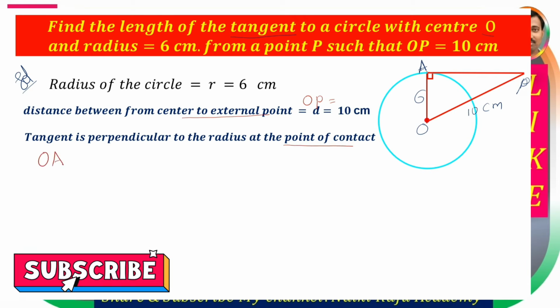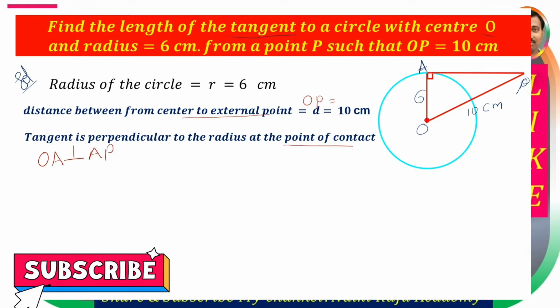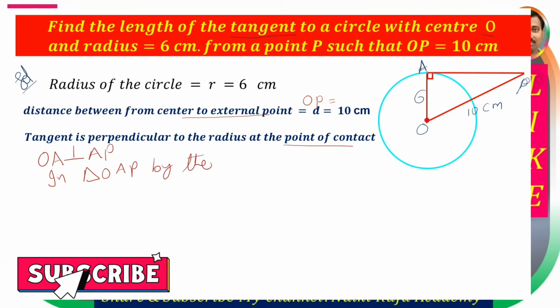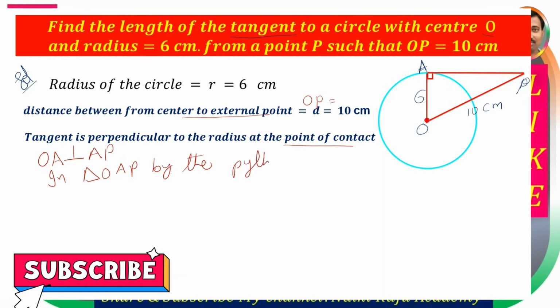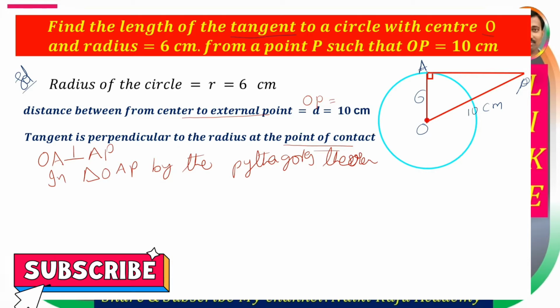In triangle OAP, by the Pythagoras theorem, OP is the hypotenuse of the triangle.